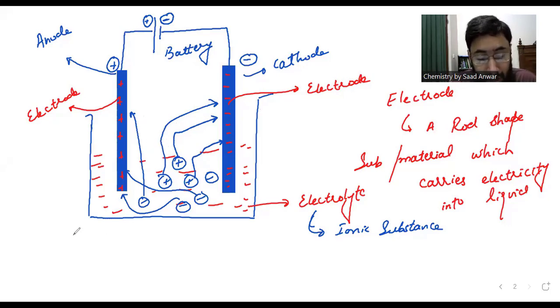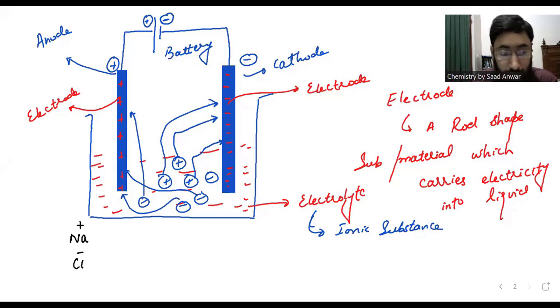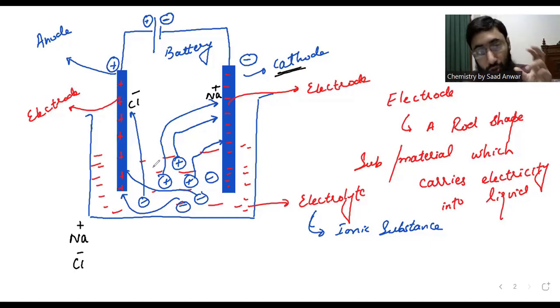Just imagine the positive ion is a sodium ion, and the negative ion is a chloride ion, molten sodium and molten chloride ions. When the sodium ion reaches the negative electrode, the cathode, and the chloride ion reaches the anode, then what happens?